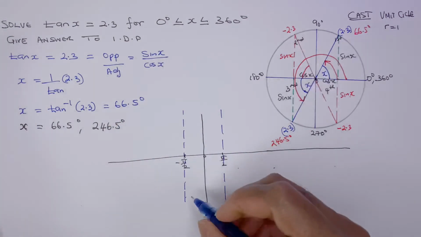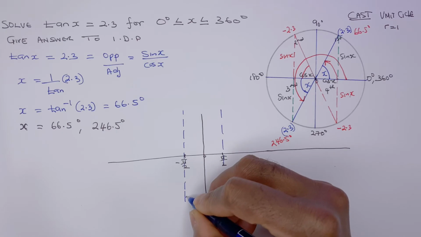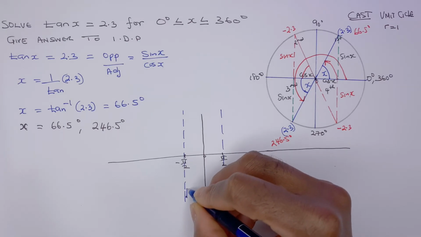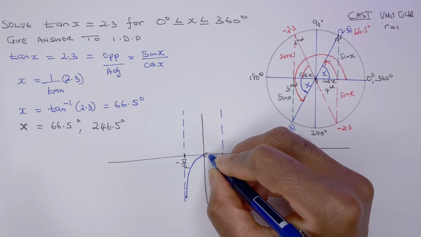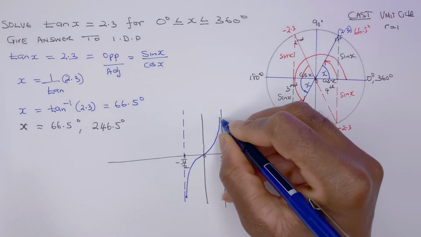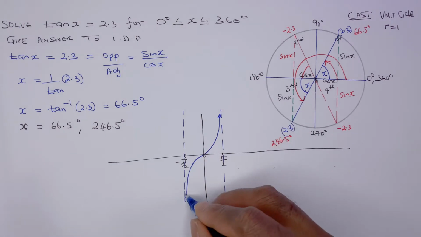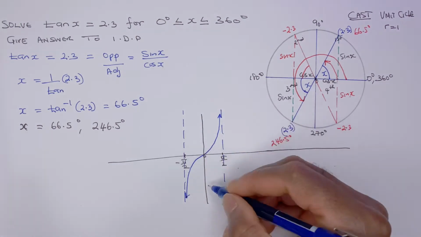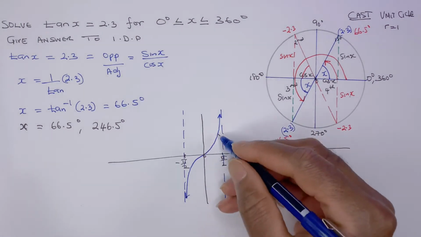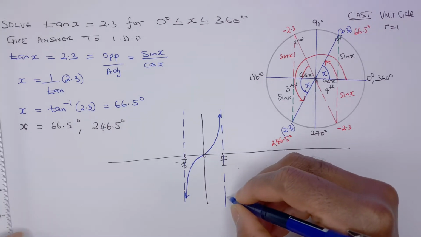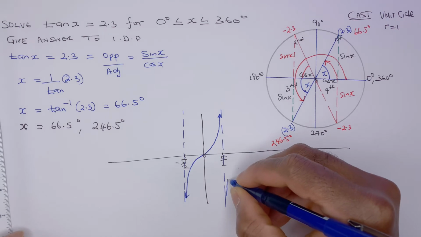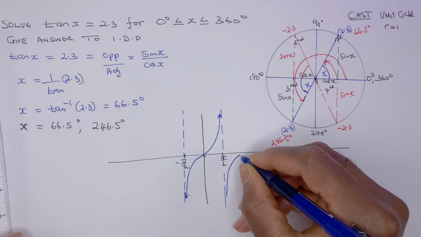That means the curve will start from negative infinity down here all the way to 0, and then up to positive infinity. So this is the line of asymptote here. That means the curve never touches it. And then the next curve will be starting from negative infinity again, and then get to 0 here.